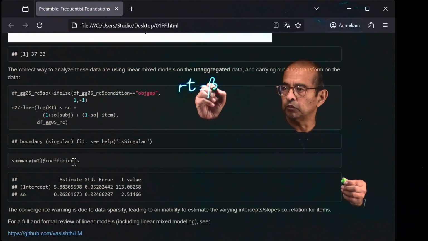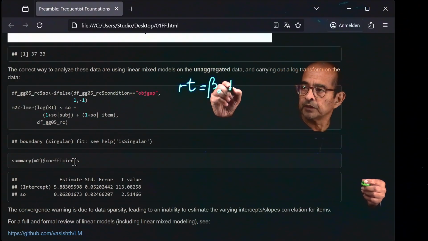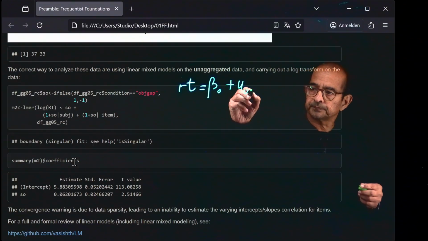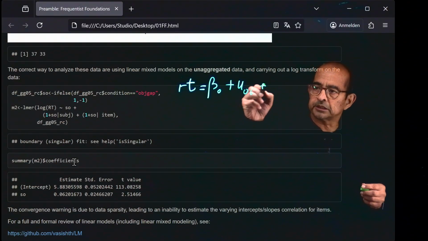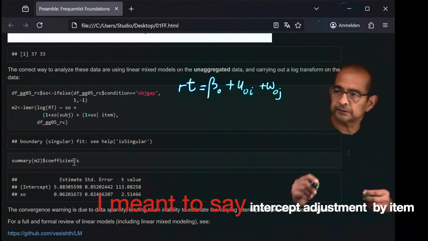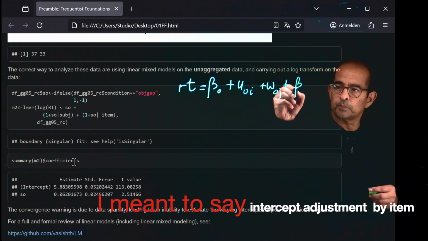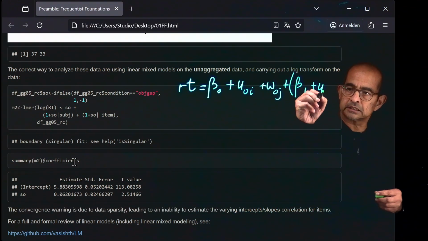So what we had was a grand mean intercept in the sum-coded contrast case, with an intercept adjustment by subjects indexed by i, and an intercept adjustment by items indexed by j. Then I have a slope parameter, and the slope parameter is adjusted by subjects.